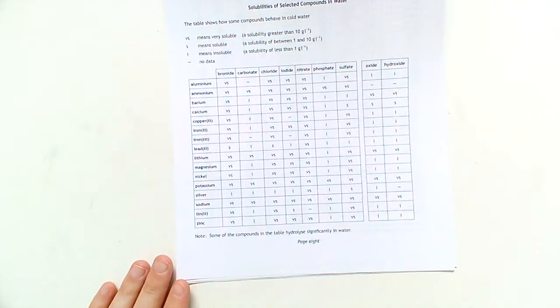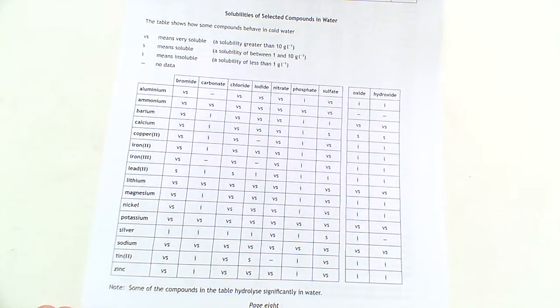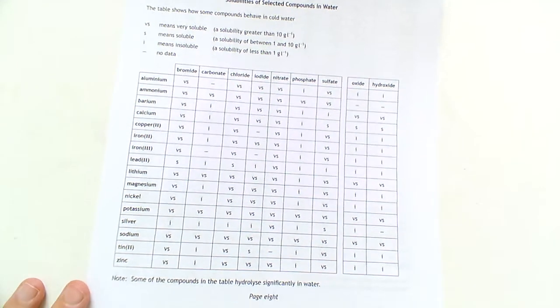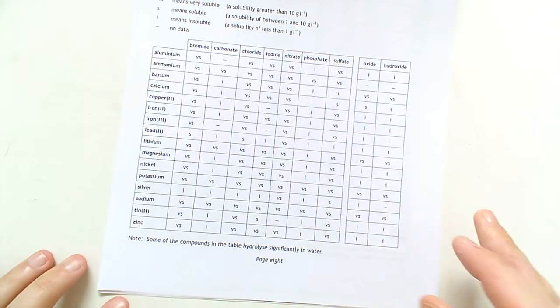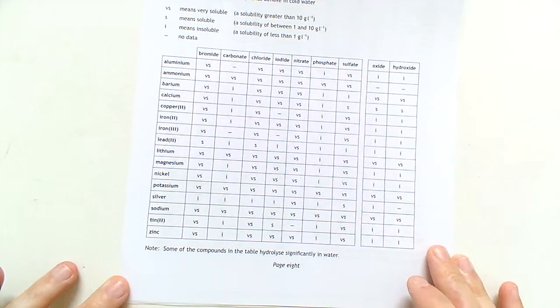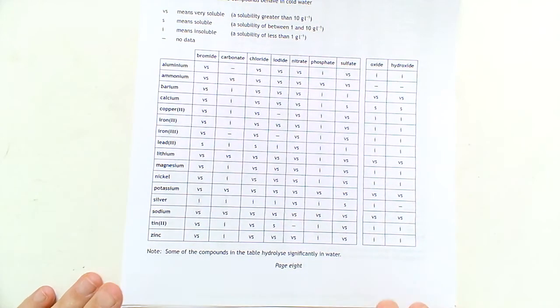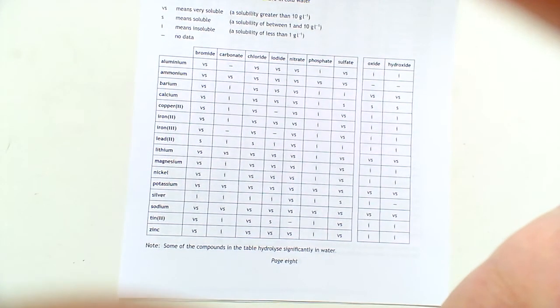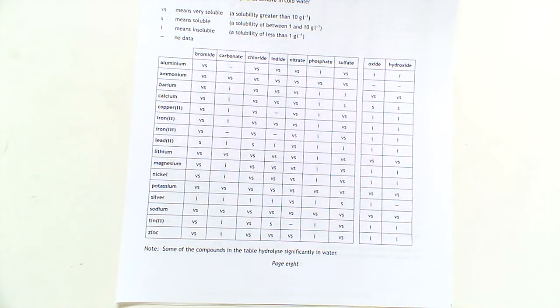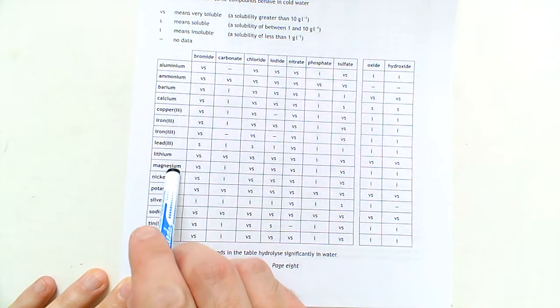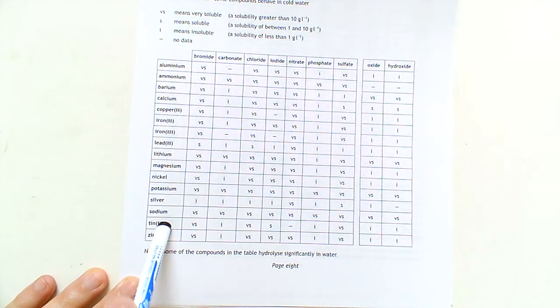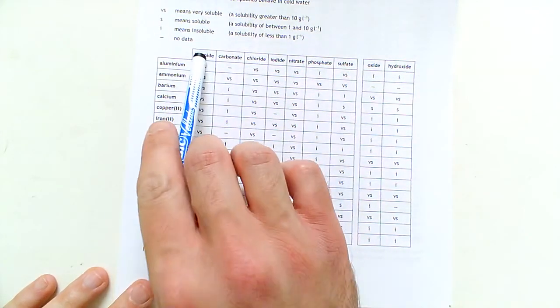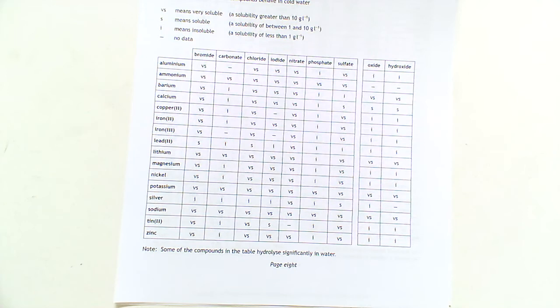So this is page 8 of the data booklet at the bottom. And we have on this page, I know it's not the easiest to see, oh, zoom in there. But we've got a list of different metals, or positive ions, and a list of different compounds.